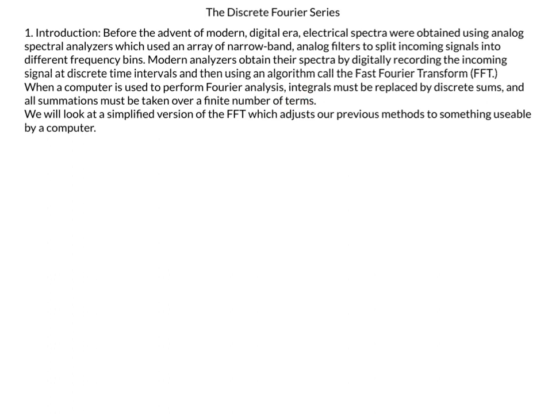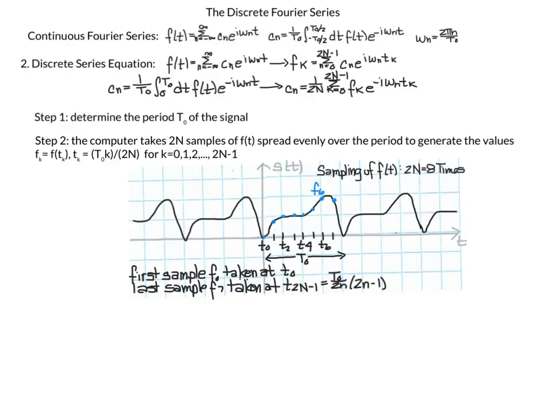None of this negative infinity to infinity thing with our computers because it would just keep going and never terminate. So we're going to look at a simplified version of the FFT, which adjusts our previous methods to replace these integrals with sums and also make sure we're summing over a finite number of terms.